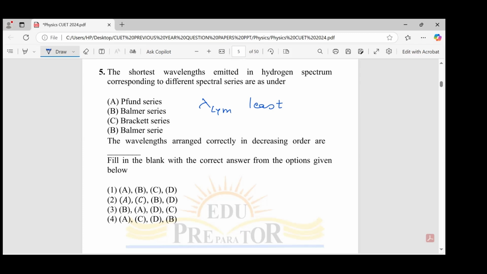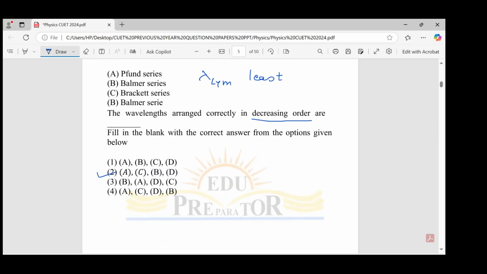Keeping this point in mind, the question says they are supposed to be arranged in decreasing order. So we find that the second option is the correct answer, because the different series have the maximum wavelength.